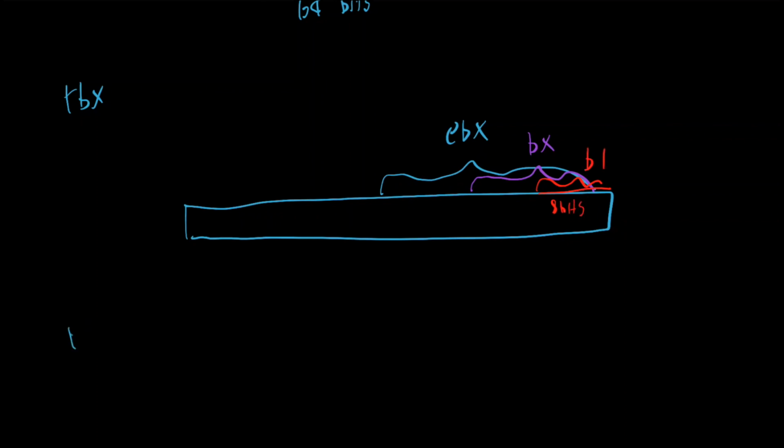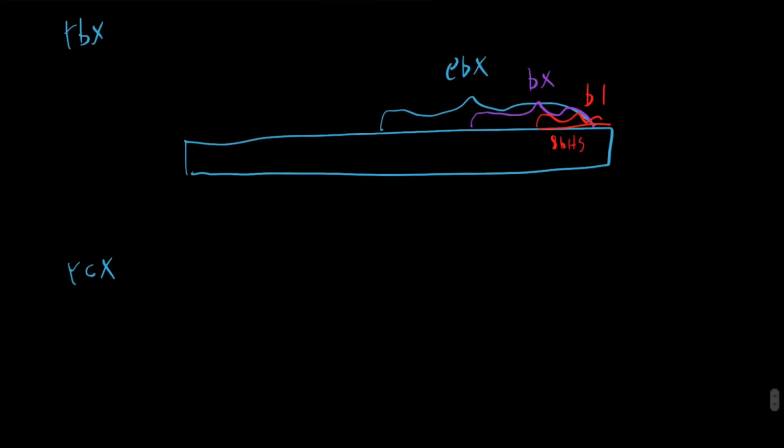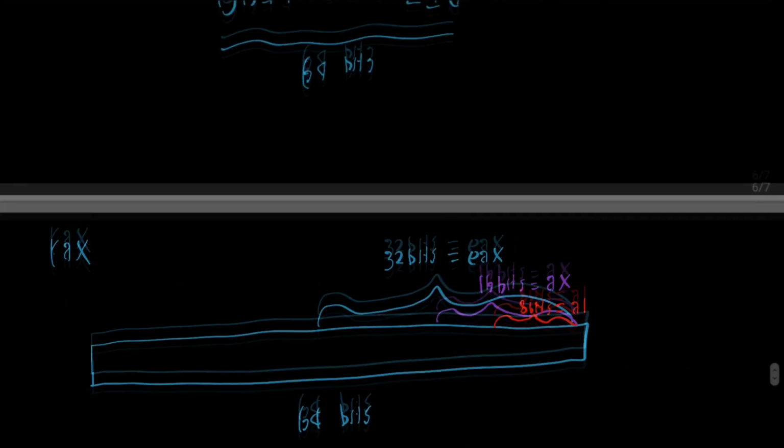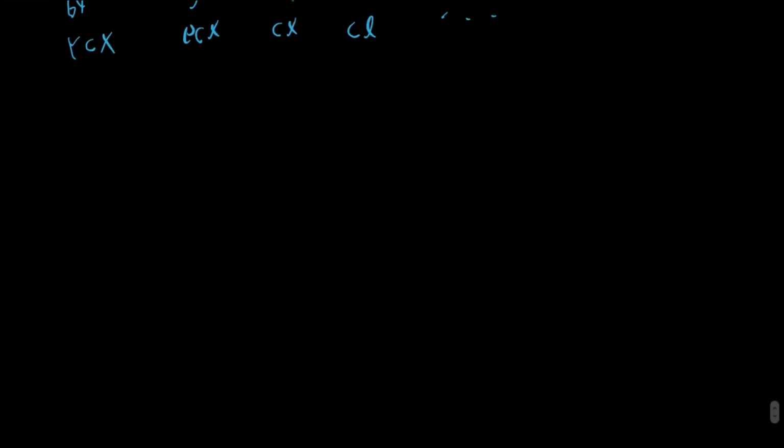And again, it's the same with RCX. Let's not draw the visual representation again, but for 32 bits we get ECX, for 16 we get CX, and for 8 bits we get CL, and so on. This is very important sometimes when we want to work with fewer bits than the full register.